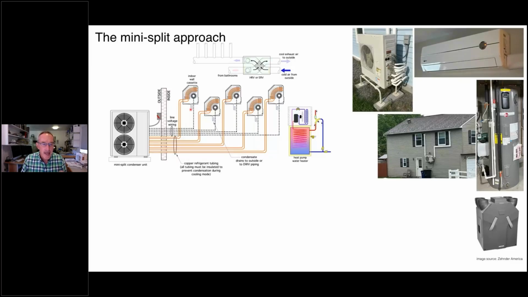Now, that portion of the system, the ductless portion, can supply space heating and cooling, but we have to add a separate system for heat recovery ventilation. So again, a heat recovery ventilator or an energy recovery ventilator is basically a heat exchanger between two airstreams.